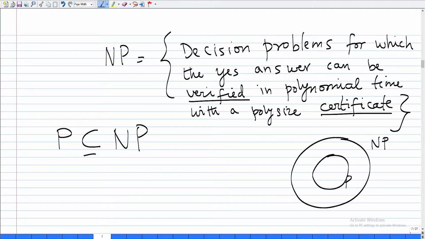What is my verification algorithm? I will divide, which I can do, right. So, I take your number and you tell me this is a divisor, I will divide it and verify that, right. So, compositeness, is the number composite, is actually in the class NP.